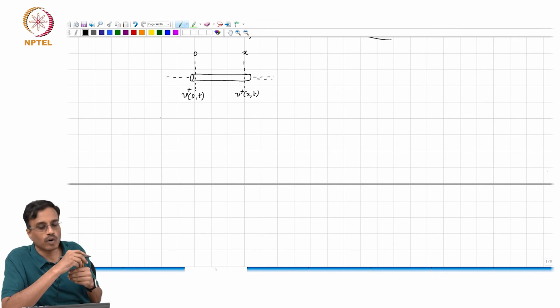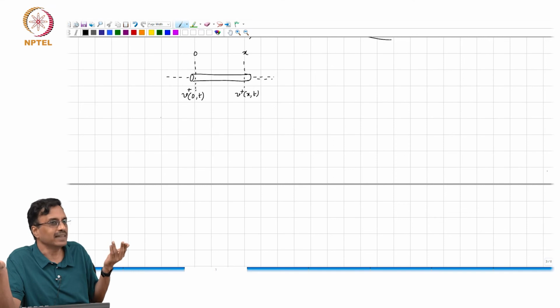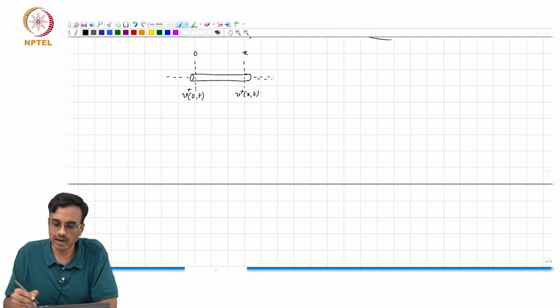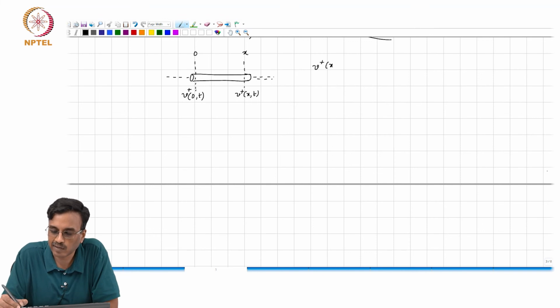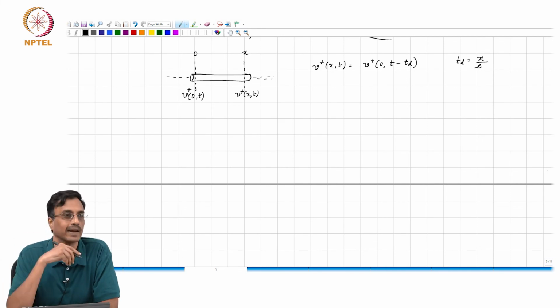So, whatever happens at position x equal to 0 will happen at x a time x by c later, because it's going this way. So, basically V plus of x comma t is simply V plus of 0 comma t minus some td, where td is nothing but x over the velocity of light.